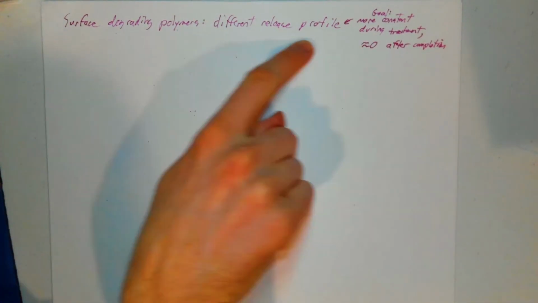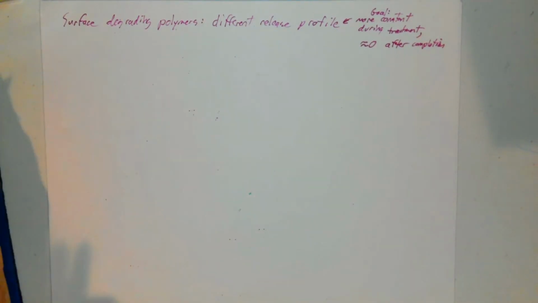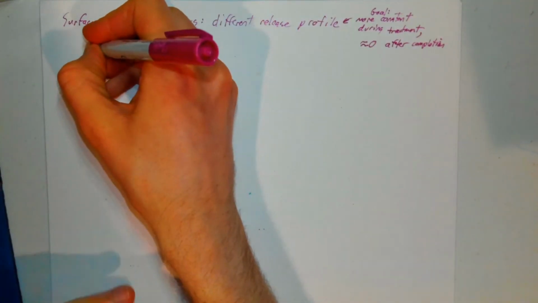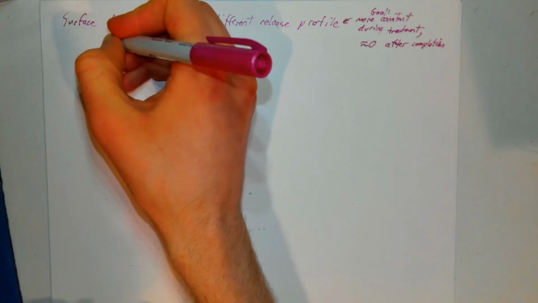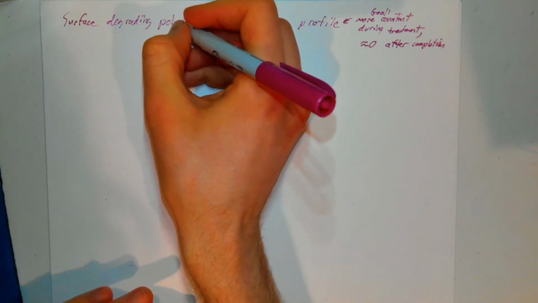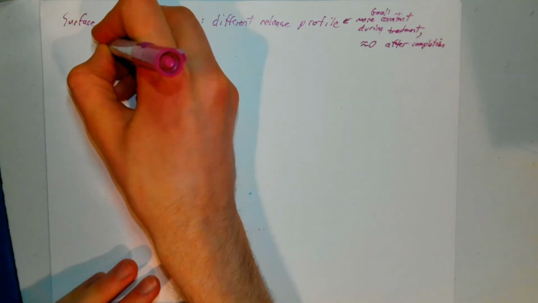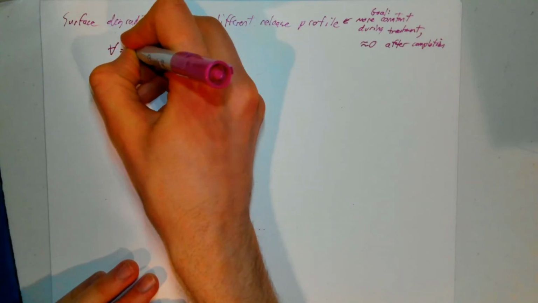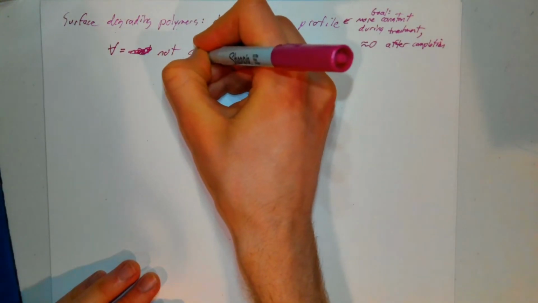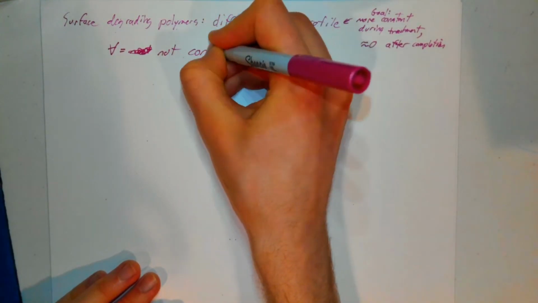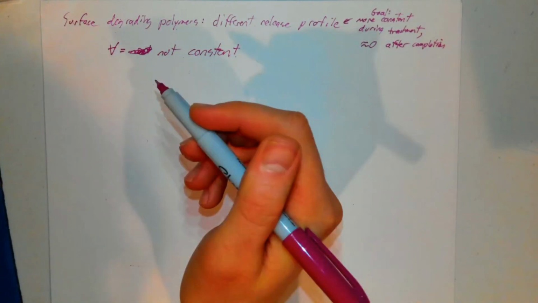So let's talk about surface degrading polymers. We're going to treat this a little bit differently mathematically. The idea with surface degrading polymers is the time rate of change. Again, remember, volume is not constant, and we're looking to figure out the volume as a function of time.